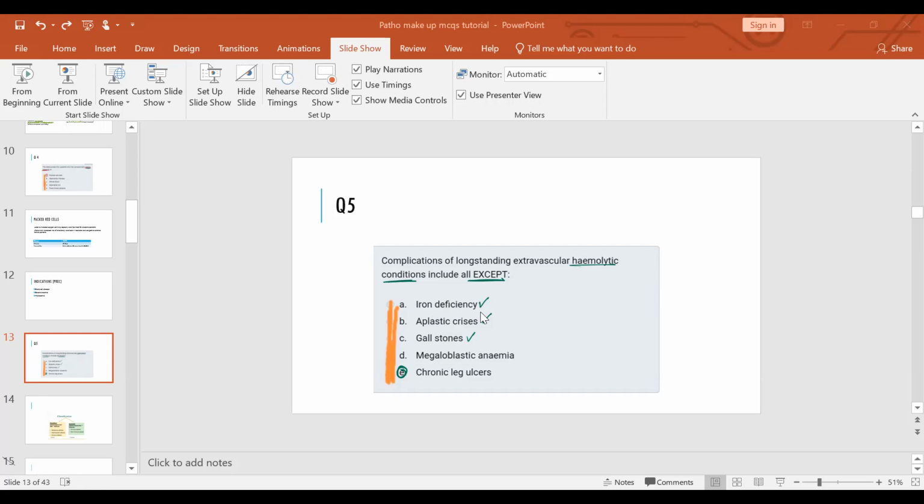So when production outweighs the folate utilization, when the production is higher than the folate that you have in the body, then there'll be a deficiency. So there'll be folate deficiency. And when there's folate deficiency, you'll develop megaloblastic anemia.